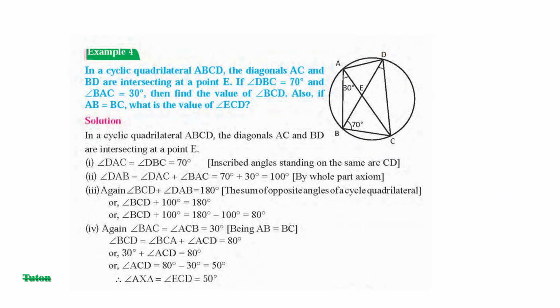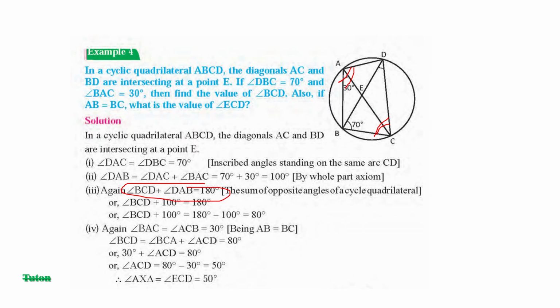Now we have to apply theorem 3 for the angle BCD and angle DAB, this one and this one. The sum of these two angles is equal to 180 degrees. We have the value for BAD as 100 degrees, and the value for BCD has to be determined. Putting the values in this equation, we get the value of BCD as 180 degrees minus 100, which is equal to 80 degrees, which is the solution of the first part of this question.